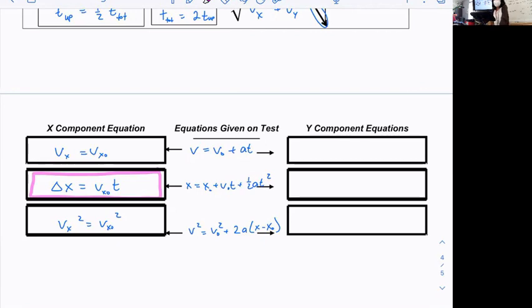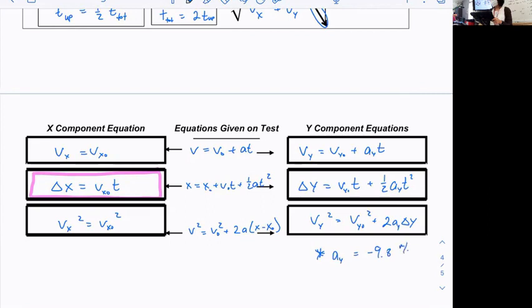The y equations don't necessarily simplify, but I want to show them to you in terms of how we've often written them. We would say this is vy equals vy naught plus ayt. This we simplified as delta y equals vy naught t plus 1/2 ayt squared. And then the last one, just adding subscripts. But keep in mind that ay is negative 9.8.